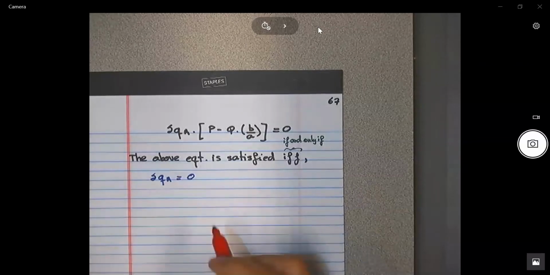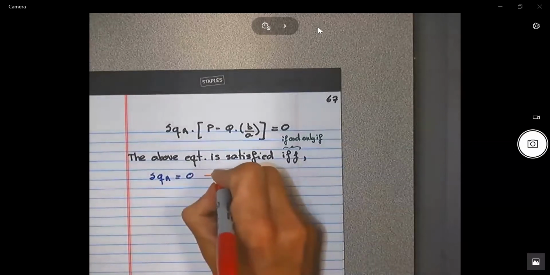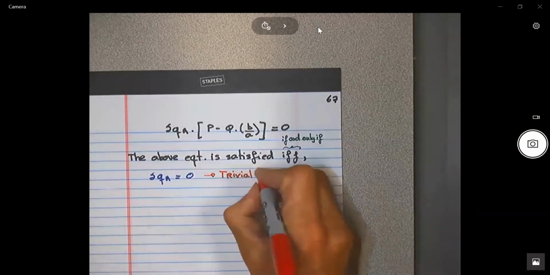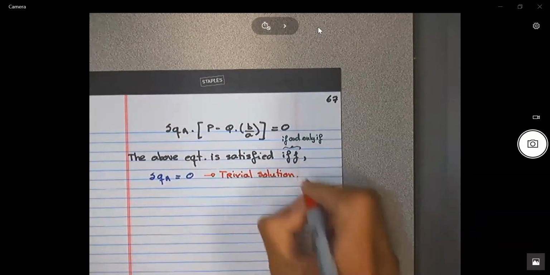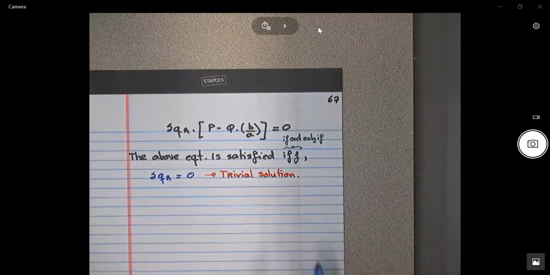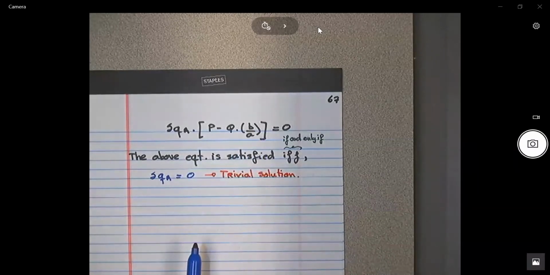This one is of no interest, so it's what would be called here a trivial solution. But now, when will this also be valid? When the term within brackets is equal to 0, okay?